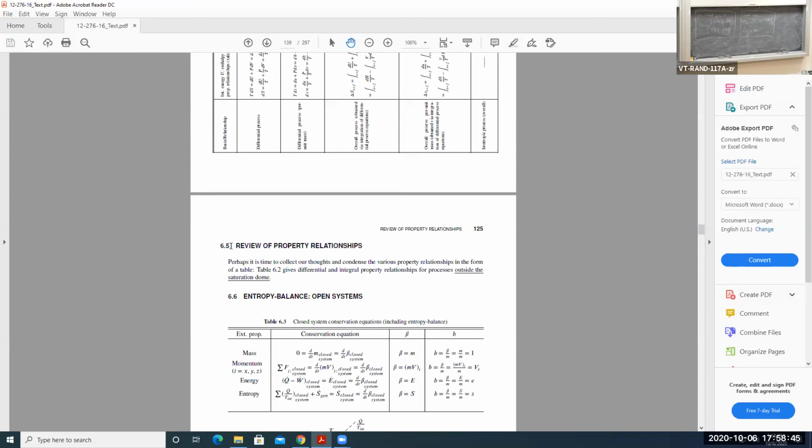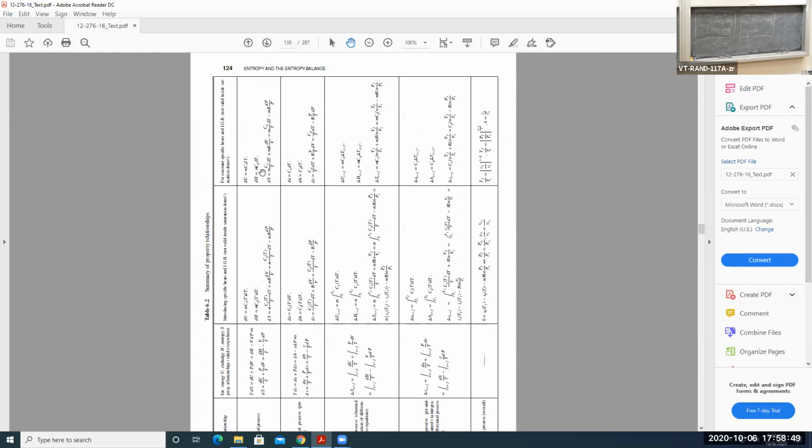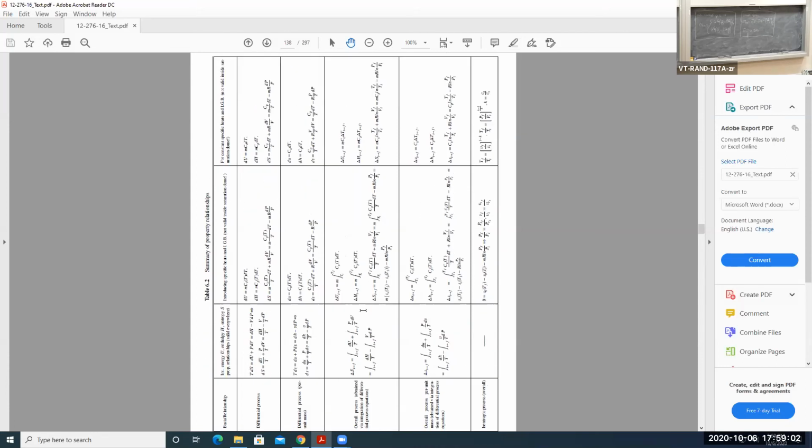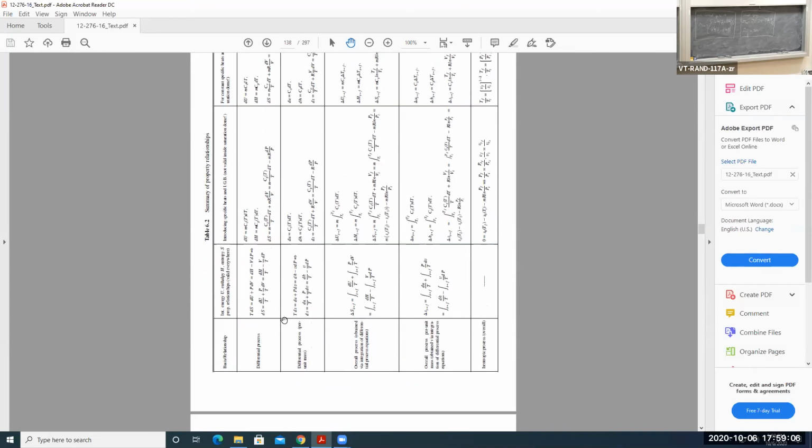So section 6.5, which is on page 125, just prior to it, you will find a big full-page table that reviews and gives you the various property relationships depending on the substance. And also the basis: differential process, differential per unit mass, overall process per unit mass.